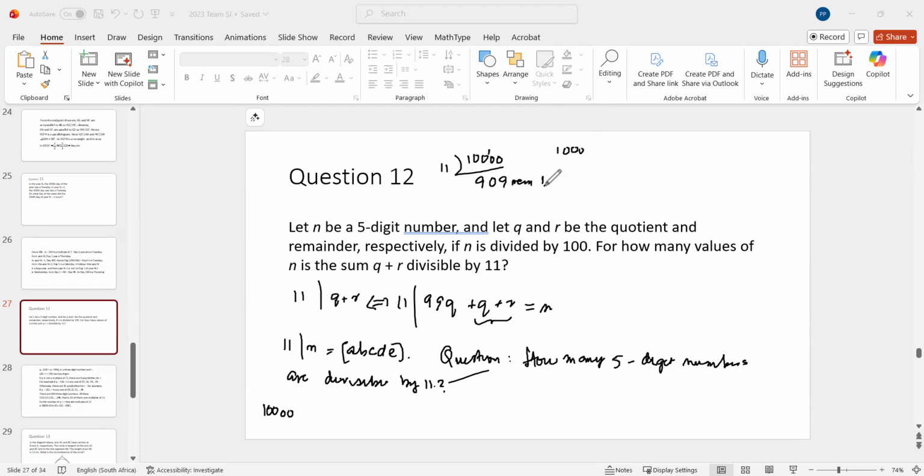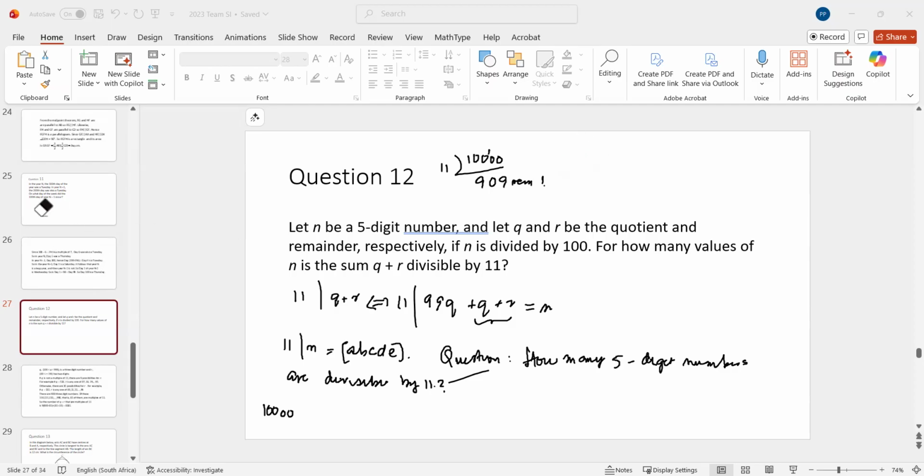So 10,000 leaves the remainder of 1 when you're dividing by 11. You have to add 10 to it to make it a multiple of 11. That's the smallest number you must add to this to make it a multiple of 11. So you have 10,000 plus 10, which is 10,010.